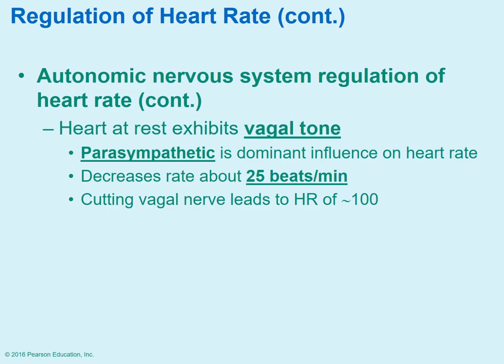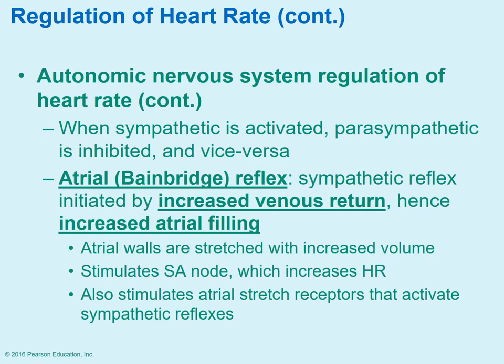It will decrease that heart rate, and then you do have other effects that are going to play a role in the heart rate. When the sympathetic division is activated, then the parasympathetic is going to be inhibited. So one's inhibited, one's activated.